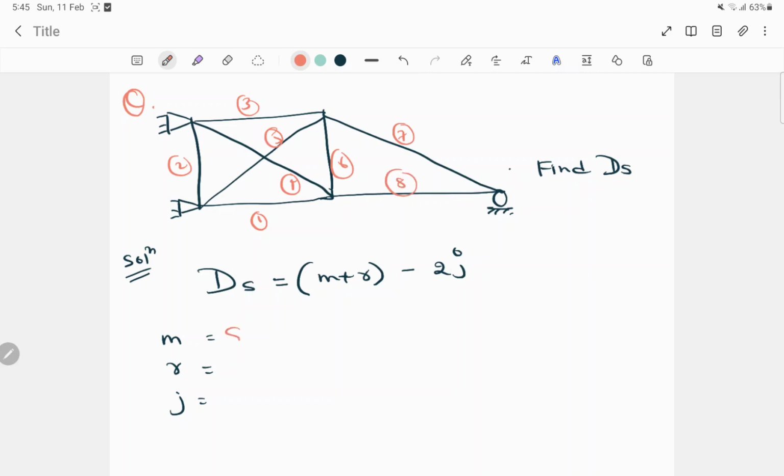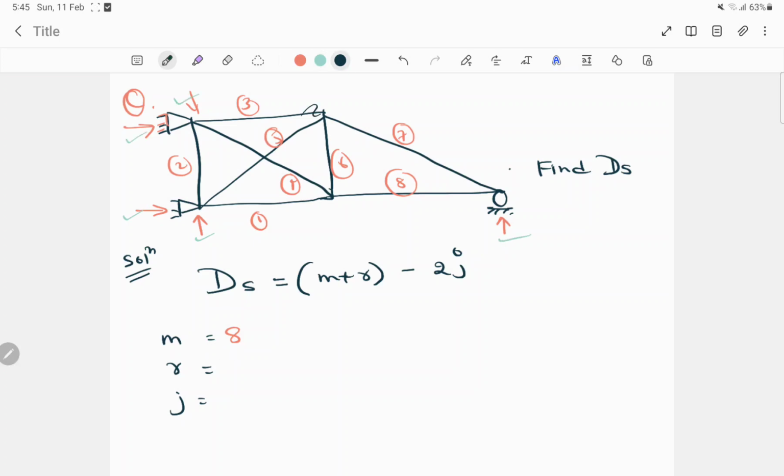So here we have 8 members. As this end is a hinge support, and this is also hinge, we have 2 unknown reactions here and here also we have 2 unknown reactions. And it's a roller support, so we have only 1 unknown reaction here. So total number of reactions here is 1 2 3 4 and 5.